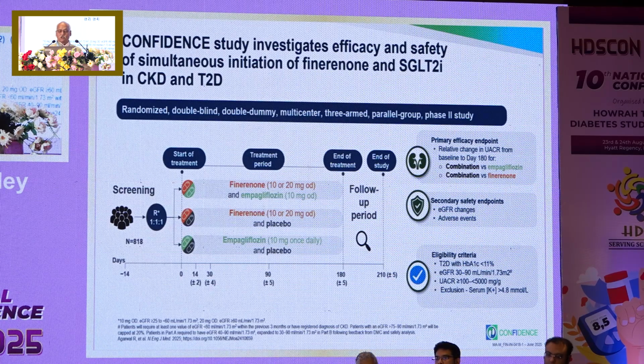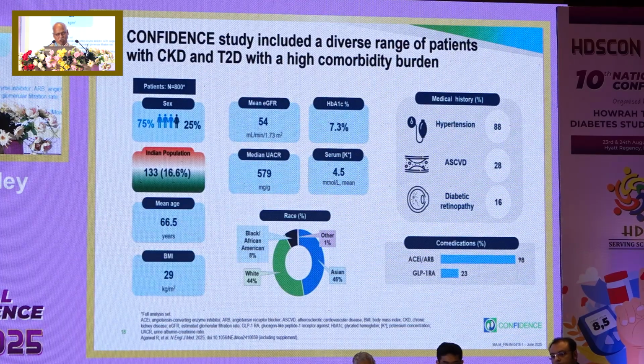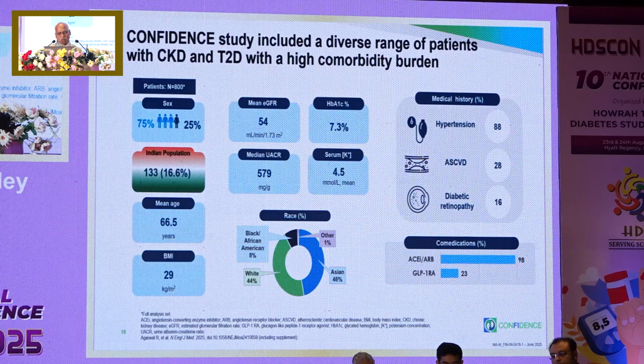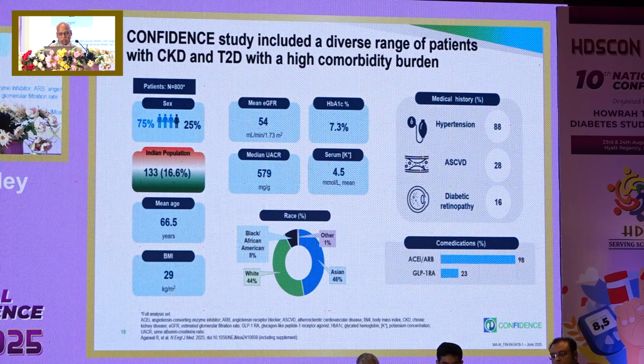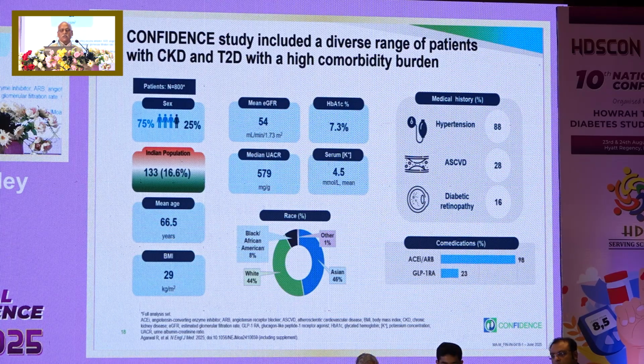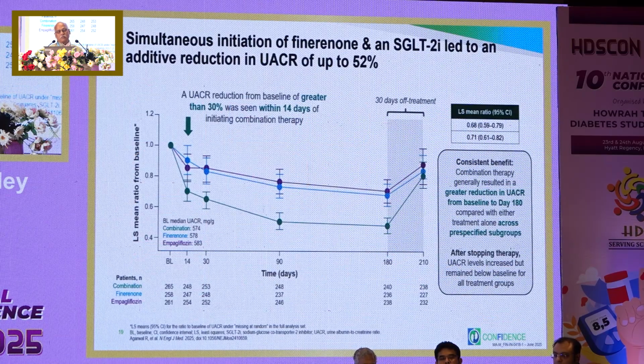Secondary endpoints were also met in these patients, where the inclusion criteria was UACR more than 100, and of course GFR has to be more than 25. So unlike RAS blockade where the cutoff is 30, for SGLT2 it is 20, for Finerenone it is almost 25. So even stage 4 patients of CKD can be included in these studies. The CONFIDENCE trial showed that if you use these two molecules on top of RAS blockade, it gives you an additional benefit.